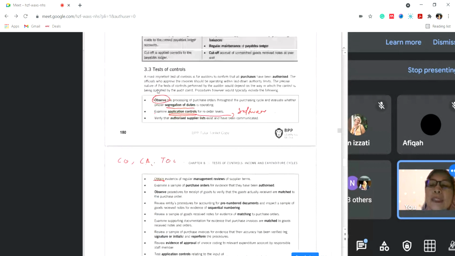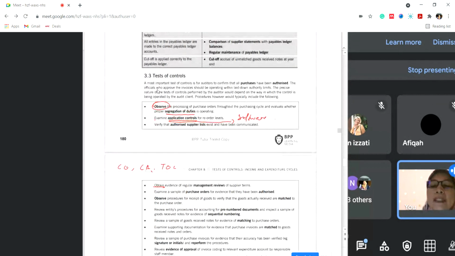So example, let's say you set a control objective to make sure that a different person will handle the purchasing, preparing of invoice, authorizing of invoice and making the order. So what is the control activity?